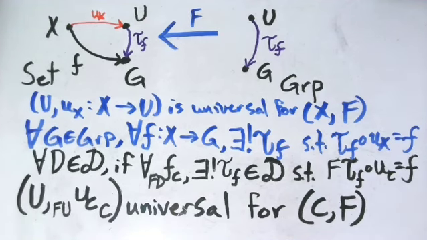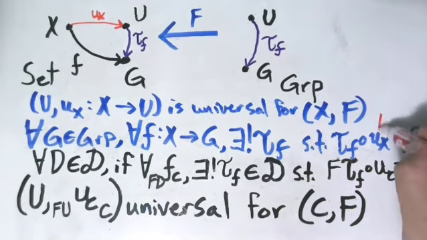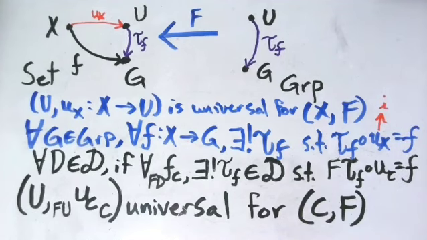So remember, in the case with the vector spaces, this universal morphism here, U_X, was actually an inclusion map from the basis of the vector space V into V. So I wonder if we could somehow use an inclusion map here as another type of universal morphism for this forgetful functor instead.